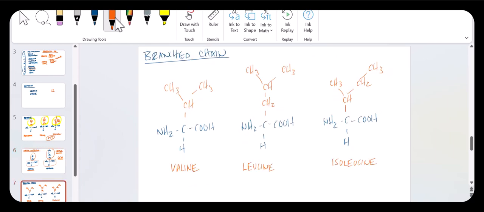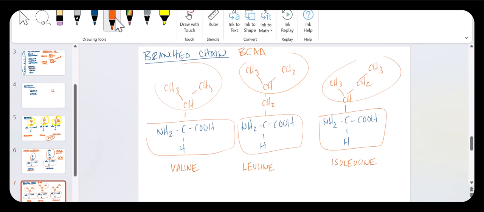Next one's branched chain amino acids. Sometimes that gets abbreviated BCAA. Again, the main part of the amino acid is the same. It's the R group that differs. So we have branches, we have branches, we have branches. That makes them our branched chain amino acids.